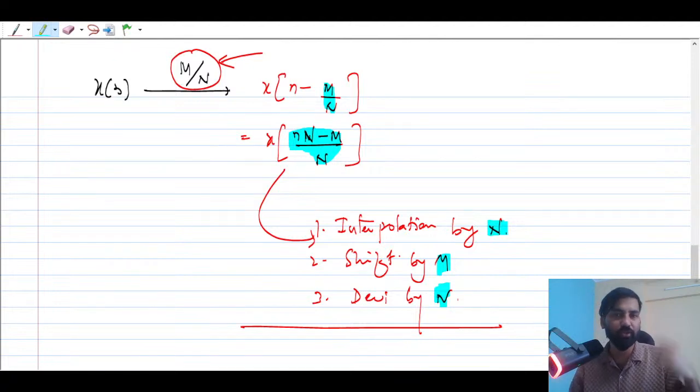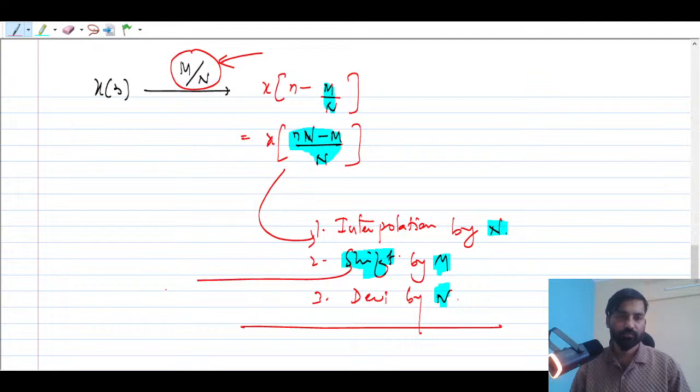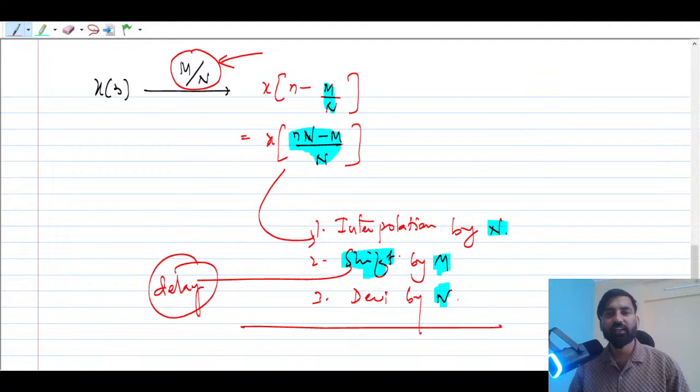So you have to interpolate by capital N, then delay or shift by capital M, and then decimate by capital N.